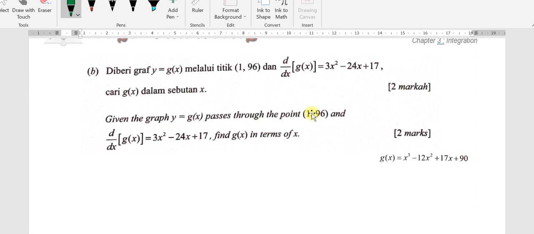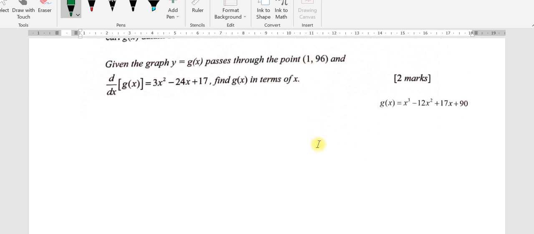Find gx in terms of x. Okay. They give you a point. Lepas tu dia bagi differentiate. Cari gx. That means the original equation lah. You kena cari original equation. You integrate je lah. You integrate gx towards dx.